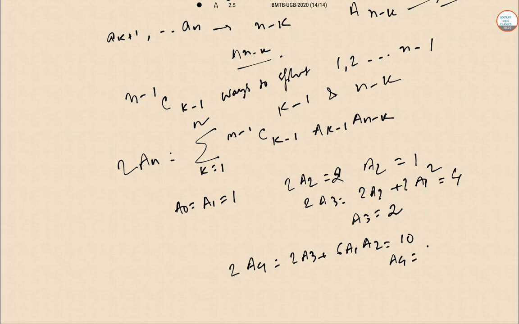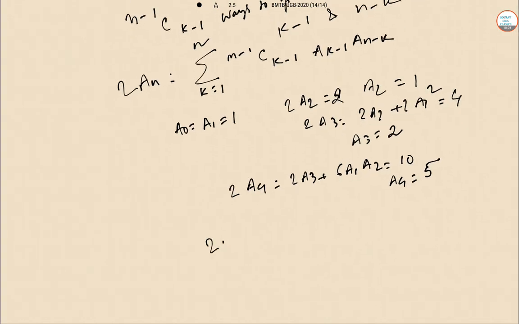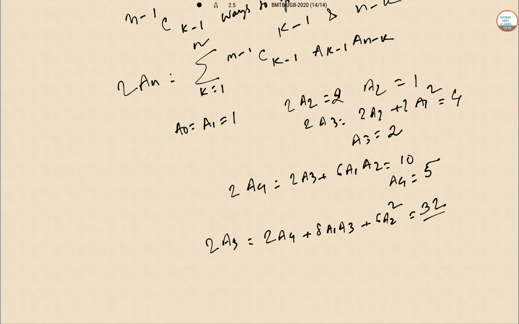Putting these values will give you 5. 2a5 equals 2a4 plus 8a1a3 plus 6a2 squared. So this is a4, 5, 10, 30 and this square, so like 32. So 32 different permutations of the set of 5 numbers.